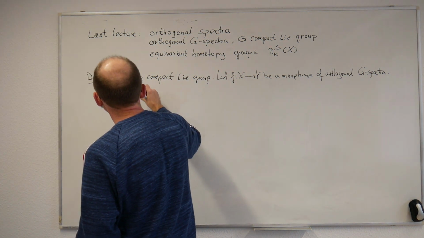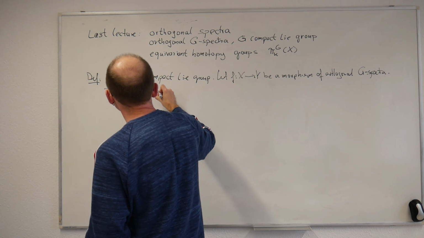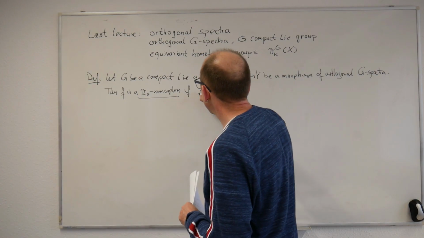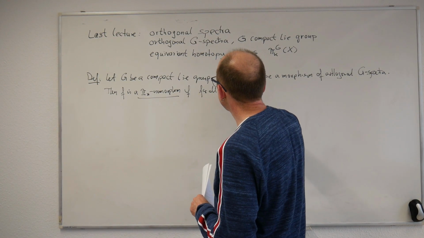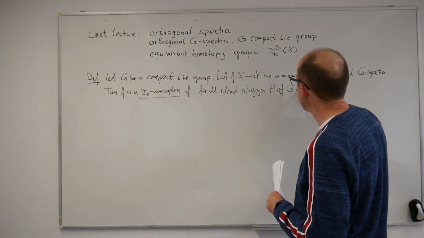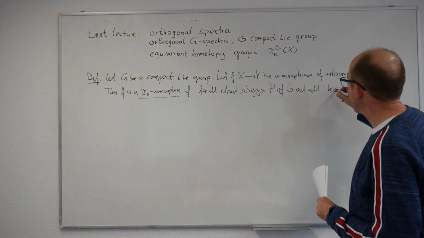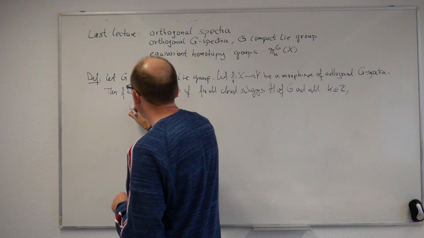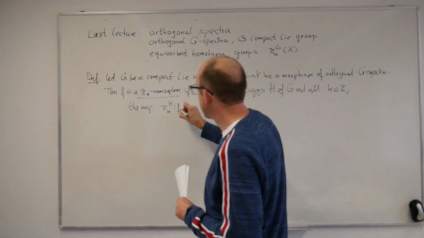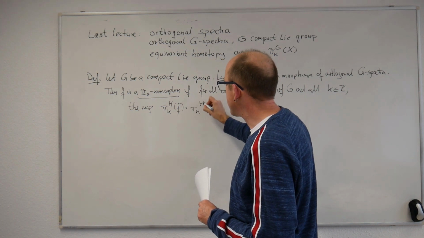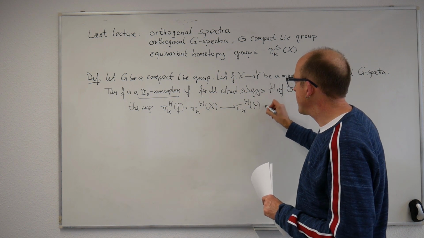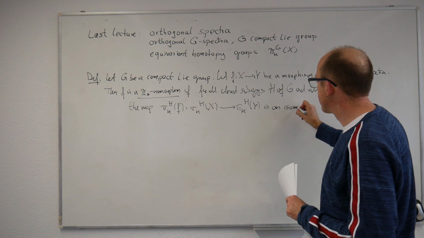Then f is a π_* underlined isomorphism if for all closed subgroups H of G and all integers k in Z, the induced map on H-equivariant homotopy groups π_k^H(f) going from π_k^H(X) to π_k^H(Y) is an isomorphism.